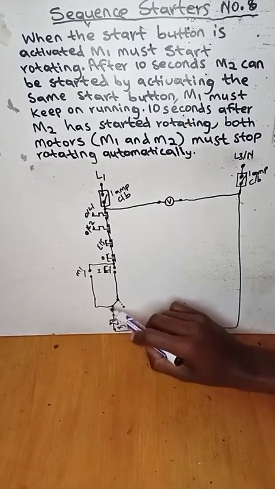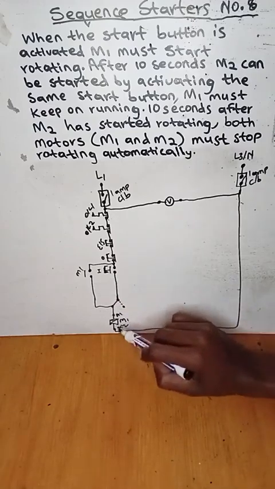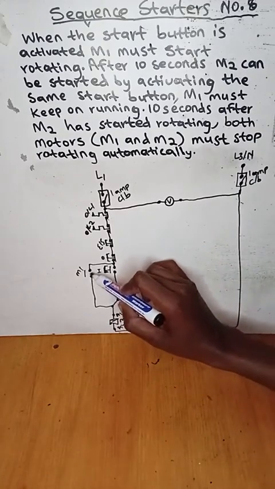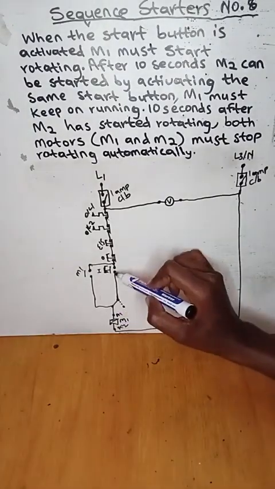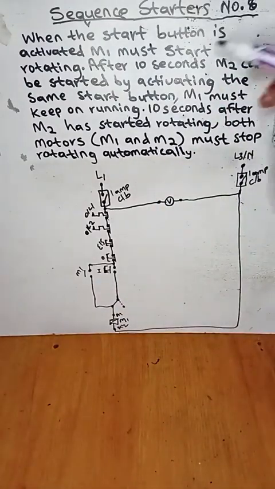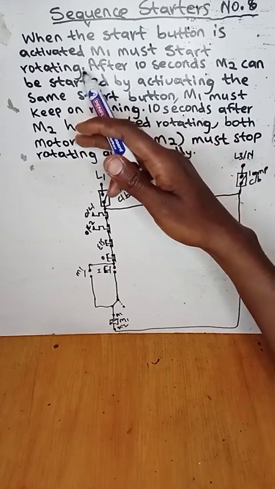that will be connected all the way to retain the connection of motor 1. So when we press the start button, this will be on and this will be closed, so our current will flow this way after we have let go of the start button. So we are done with sentence number 1.